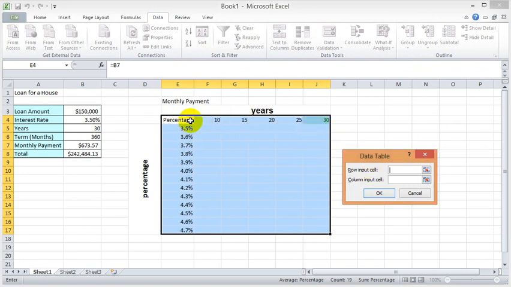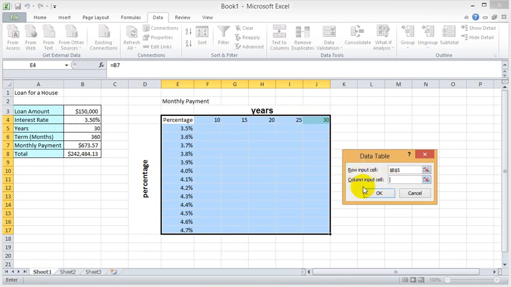This is a row. A row goes horizontally, and what do you have on the row? You have the years. Therefore, we want to say years right here, so it will know what to use for the formula.